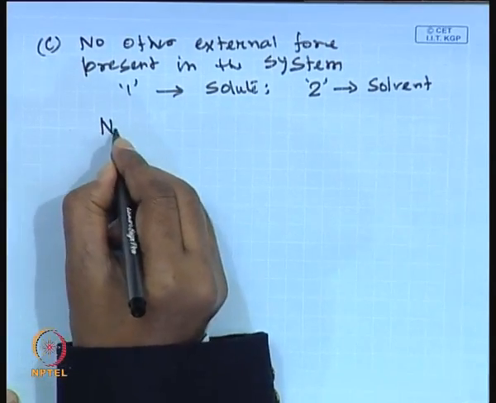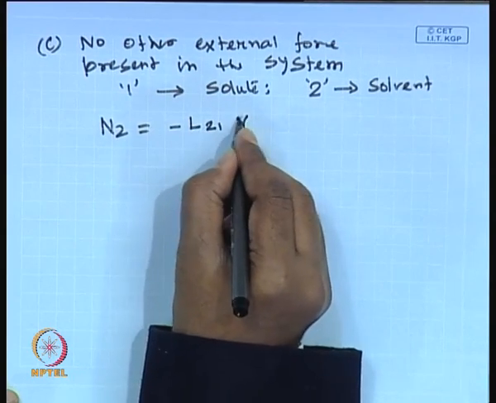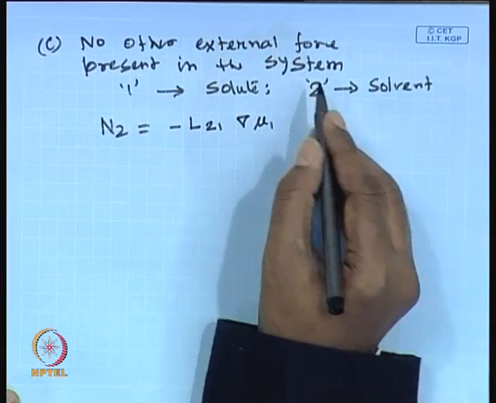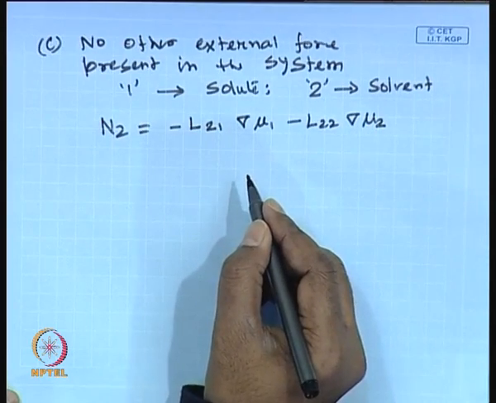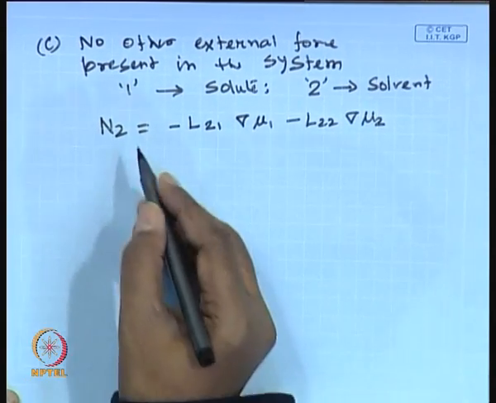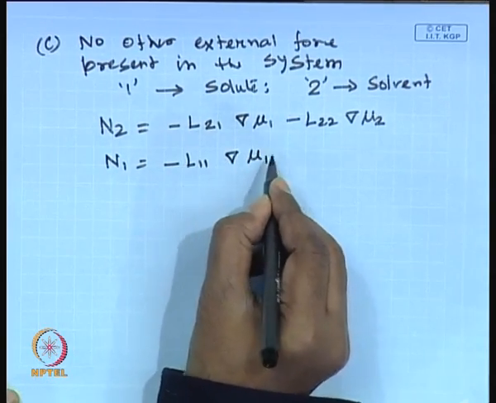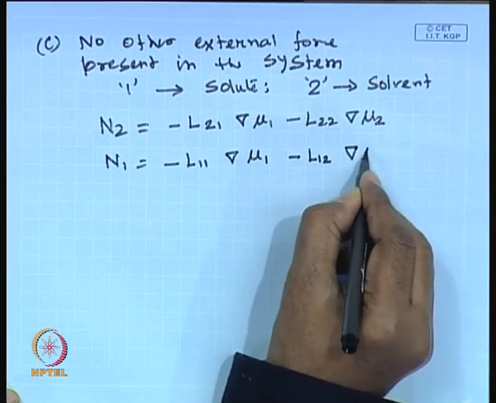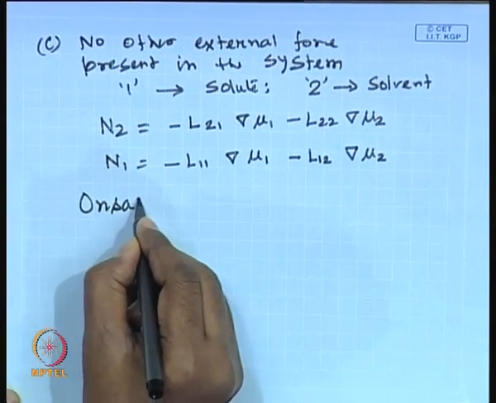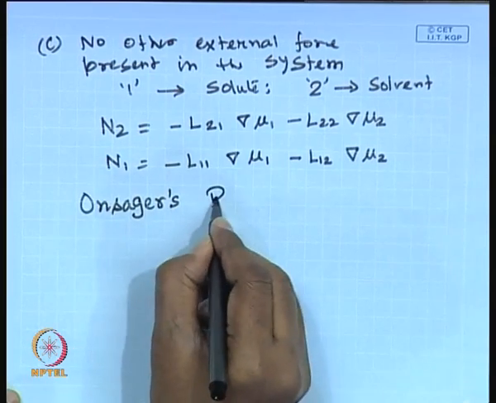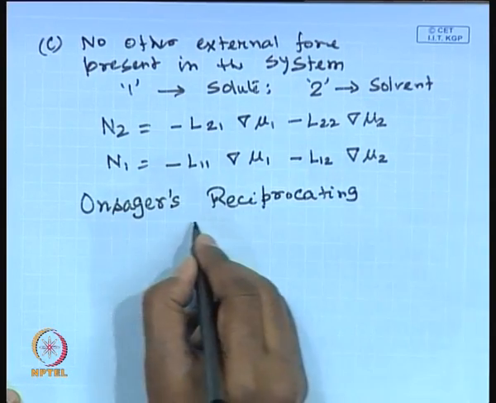So, therefore, the solvent flux can be written as minus L21 gradient of mu 1, that is the potential gradient, minus L22 gradient of mu 2. The force is nothing but minus of the gradient, right. So, therefore, N1 can be written as minus L11 gradient of mu 1 minus L12 gradient of mu 2. Okay. Now, there is something called Onsager's reciprocal principle, the reciprocating relationship.